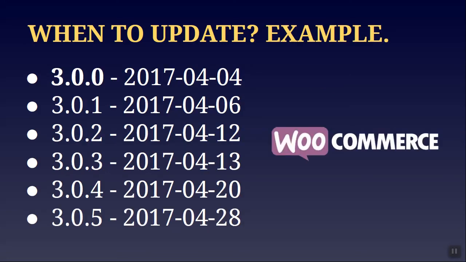This is an example. For the WooCommerce plugin, you can see that the 3.0.0 plugin version was released on the 4th of April 2017. And look at that storm of smaller earthquakes after the big release. 2 days after, the 0.1 version is released, 8 days after the 0.2, and 9 days the 0.3, and less than 3 weeks away the 0.4, and finally within the same month a 0.5 version of WooCommerce.